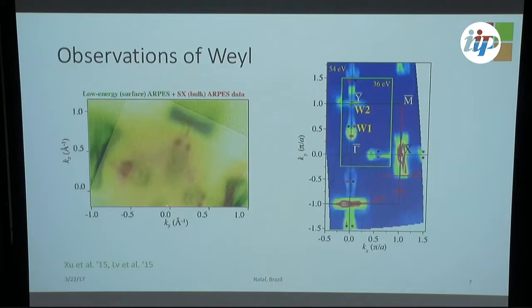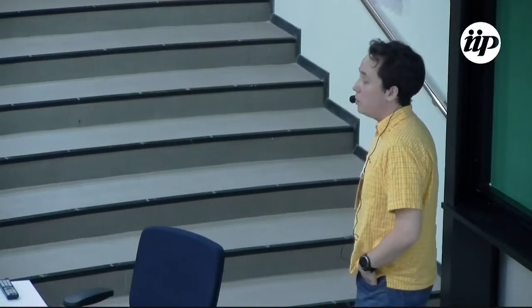So they saw Fermi arcs, and one can faintly see here the red dots, which are the positions of the bulk Weyl nodes in these materials, and then the Fermi arcs are going between them, right here.